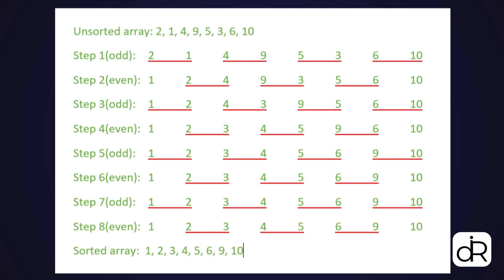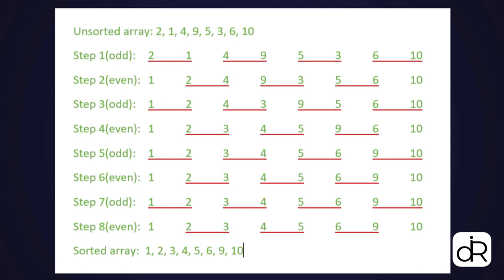If 2 is greater than 1, we need to swap their places. So we're going to get 1, 2. Here we have 4 smaller than 9, so nothing happens. Again, we have 5 greater than 3, so we're going to change their places, and we're going to get 3 and 5 in the result of step number 2.